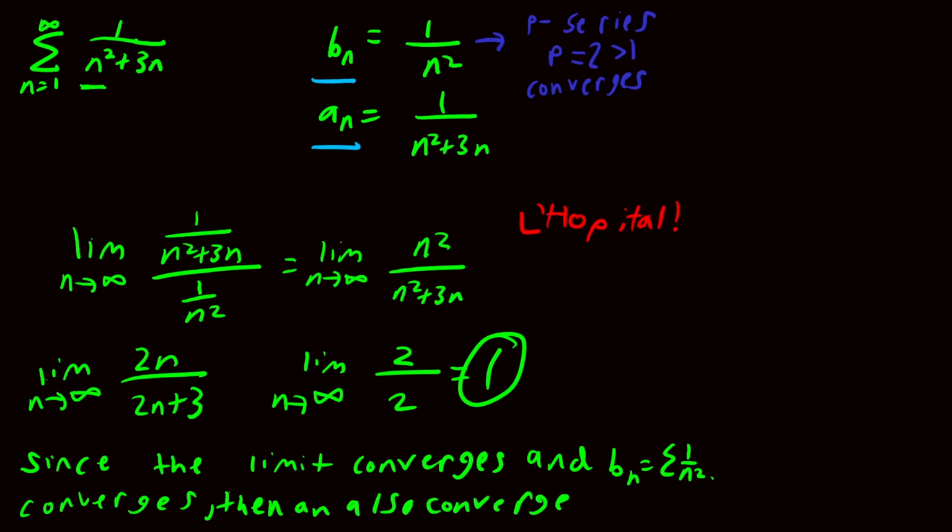You'd have to write the actual series inside for an and bn, but I don't have enough space. But that's basically how it goes, right? And this is the limit comparison test.